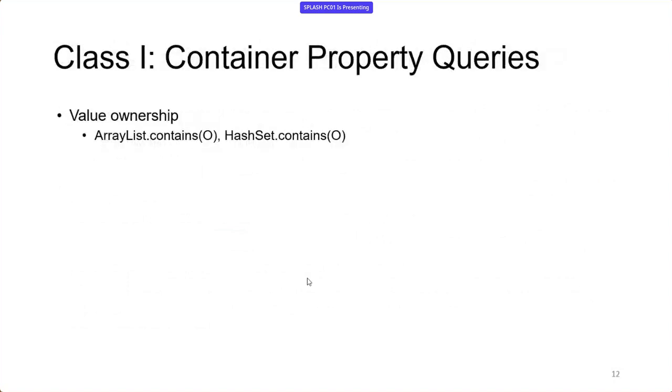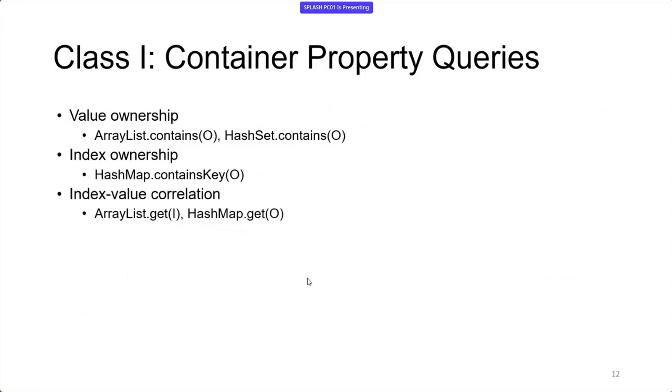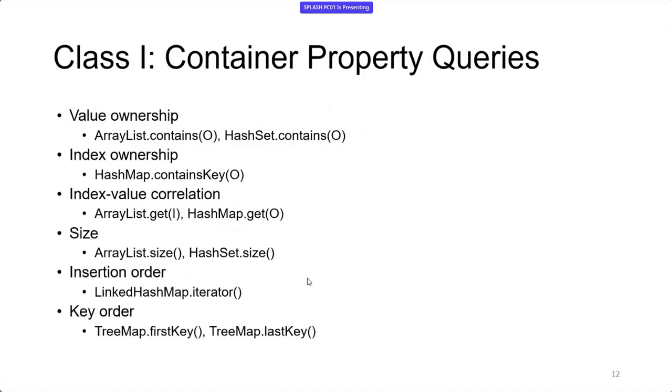And now I will illustrate them one by one. Apart from the value ownership we mentioned in the example, developers may also be concerned about the index ownership, index value correlation, and the size of the container objects by invoking the corresponding container methods. For more advanced container types, such as the linked hash map and tree map, they can also be concerned about the insertion order or the key order.